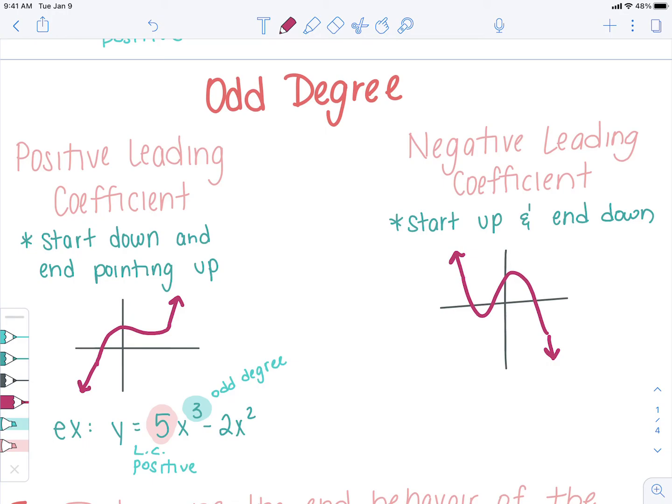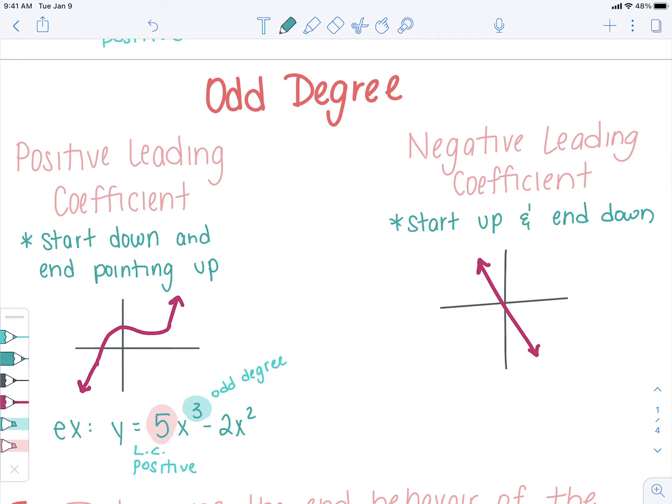It could even be as simple as back in the day when you had linear functions that were straight lines. A linear function would be an odd function because one end is up and one end is down. So it could be a complicated graph like you're used to seeing now, or it could be very straightforward. We don't really care. We just care what the ends are doing and what's happening on either side of the graph.